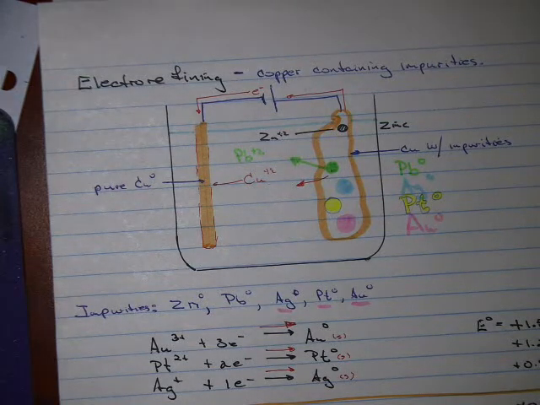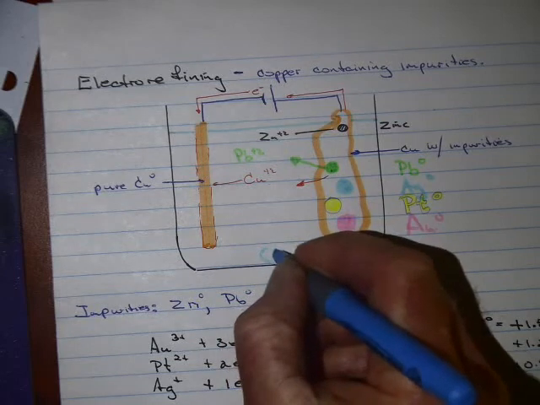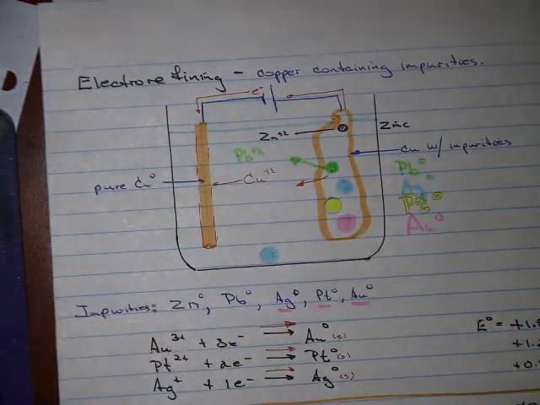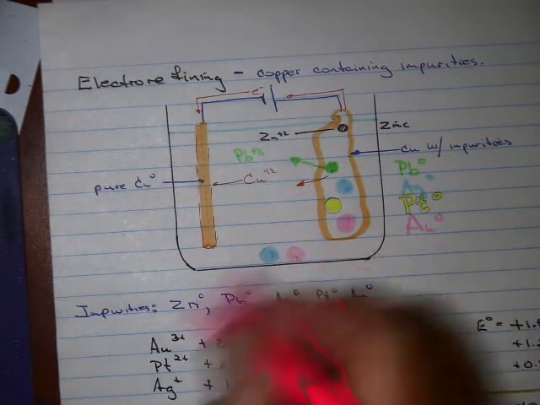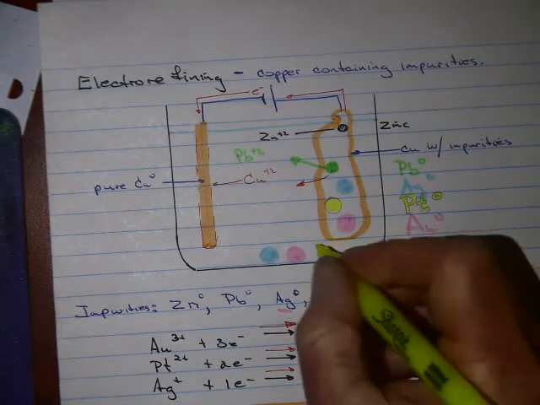And the guys that are going to fall at the bottom are going to be the gold, silver, and platinum. So you're going to have silver falling out into the bottom. You're going to have gold falling out into the bottom. And you're going to have platinum falling out into the bottom.